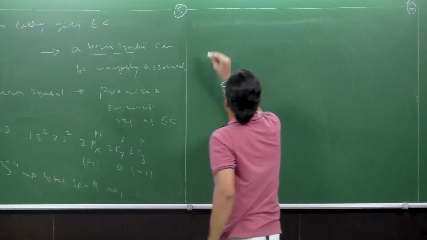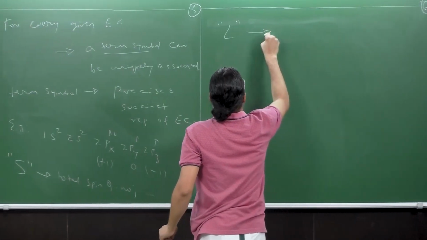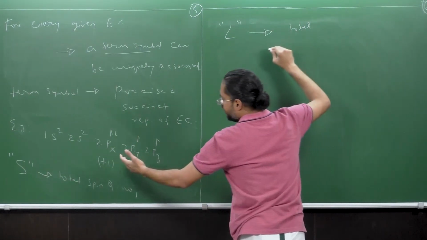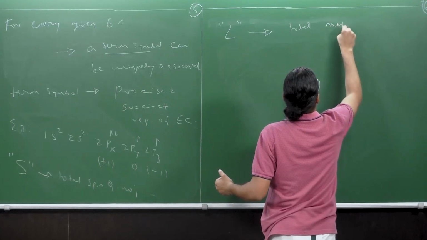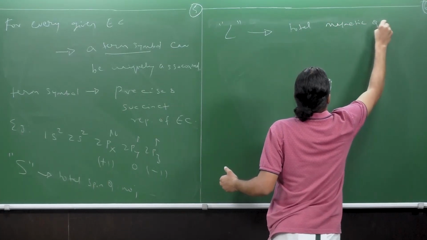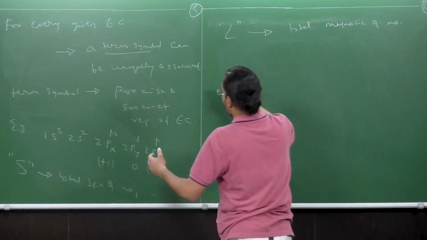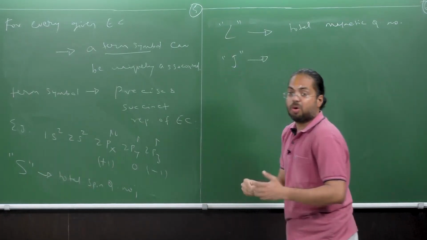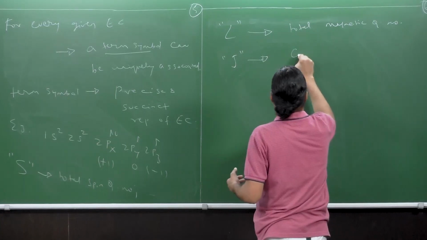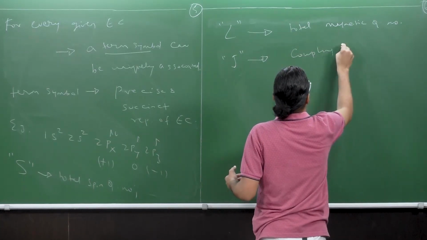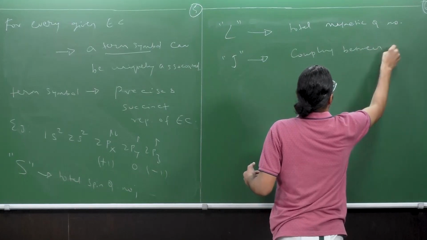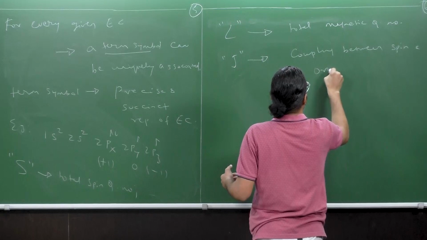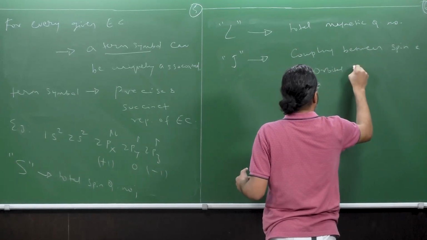My capital L is going to be the total magnetic quantum number, and my J is going to be taking into account the coupling between spin and orbital part.